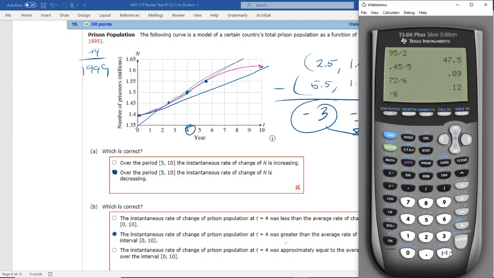Negative is going to be positive, so 0.1 divided by 3 gives us 0.0333.